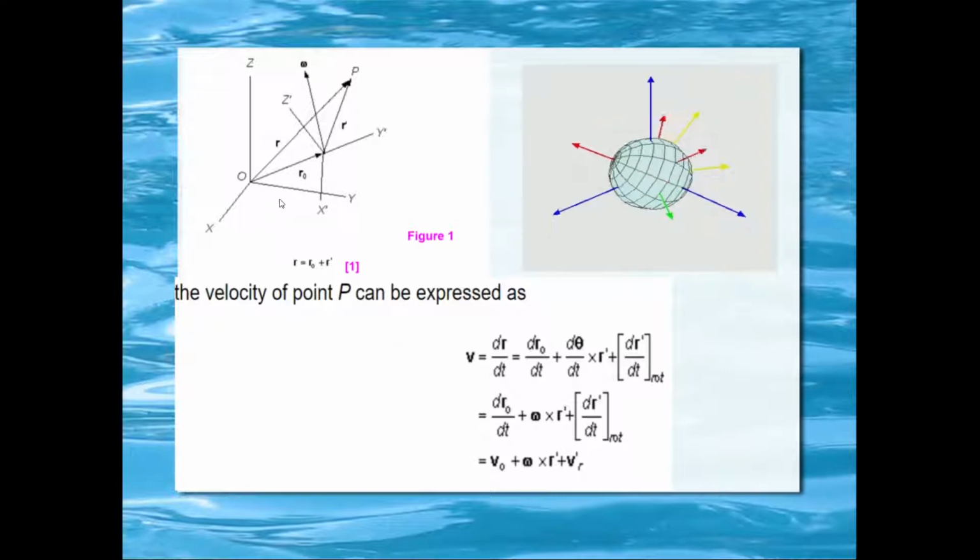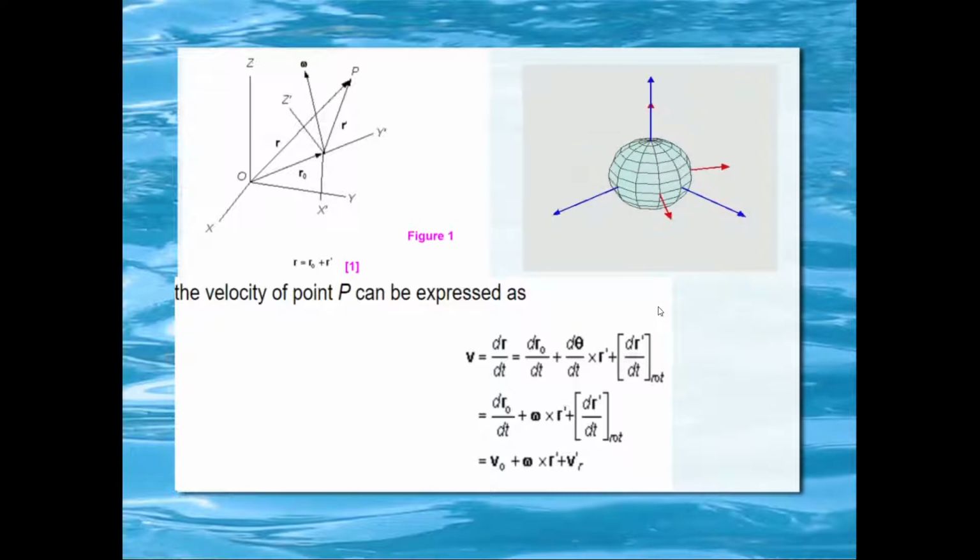So the position vector r of P will be described as r naught plus r dash. When we take a time derivative of r, the r naught will simply be dr naught by dt. But what will happen when we take the time derivative of r dash?